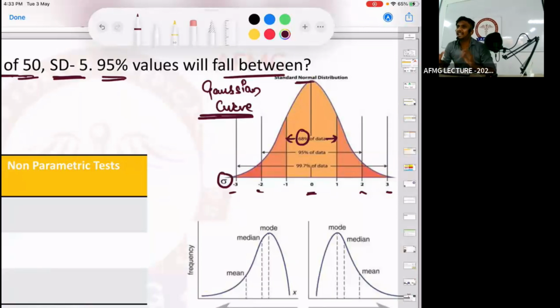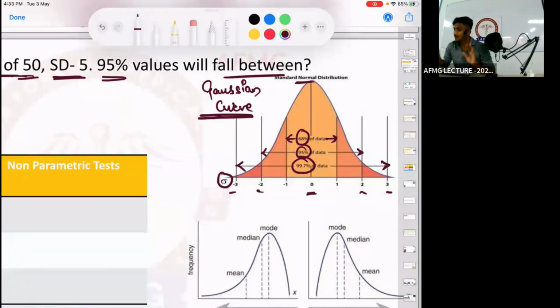Then how many values will fall between -2 to +2? 95% values, or 95.5%, will fall between -2 and +2 standard deviation. And lastly, how many values will fall between -3 to +3? 99.7% values will fall between -3 to +3 standard deviation.